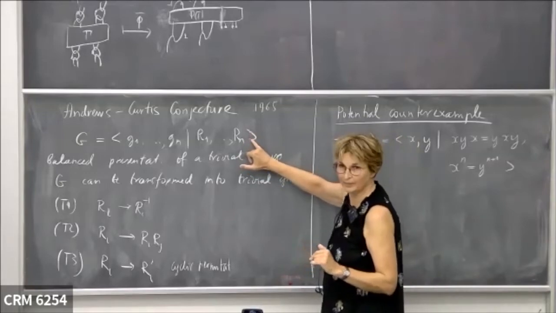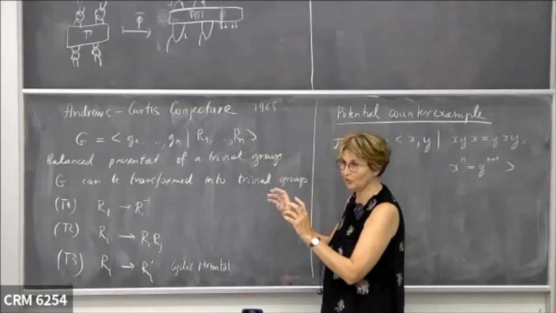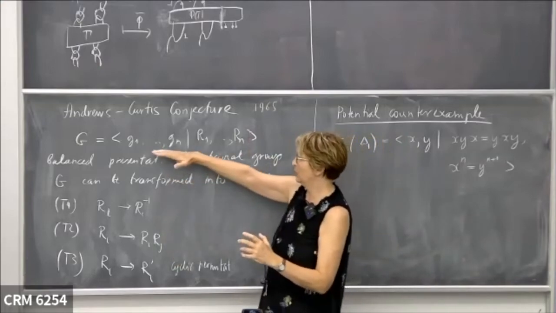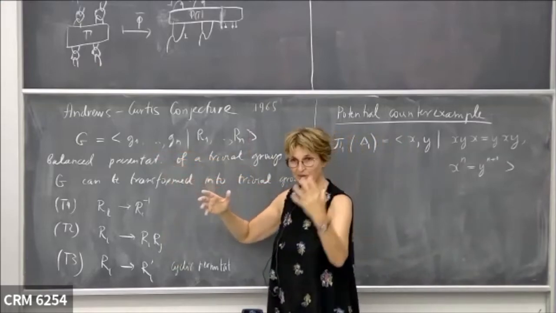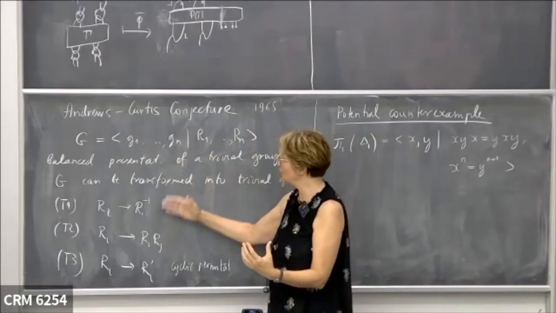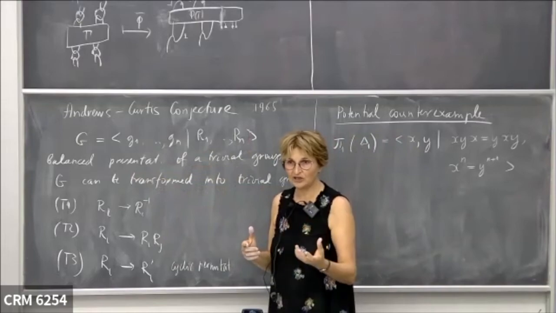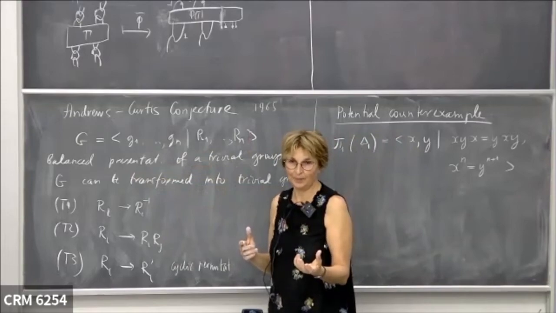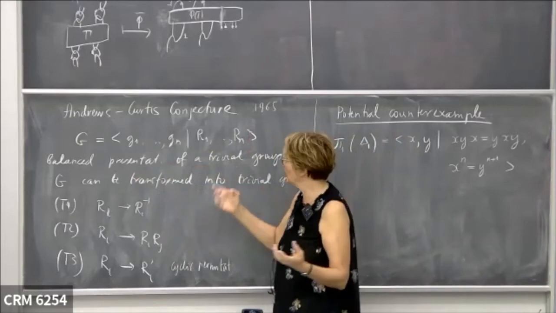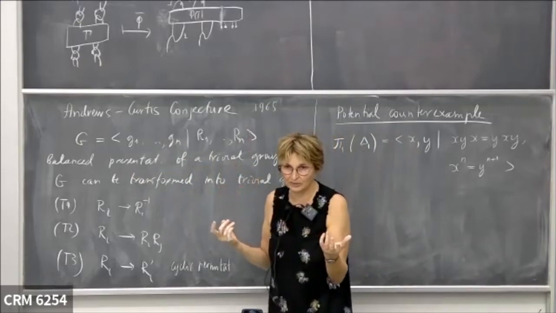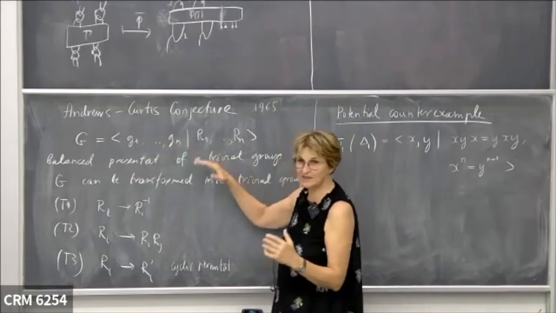These are the set of relations which go through the balanced presentation. It never changes the property of being balanced, while the usual Tietze transformations change it. So at the end, for example, the trivial group is presented with no generators and no relations. But here you always stay with n and n.